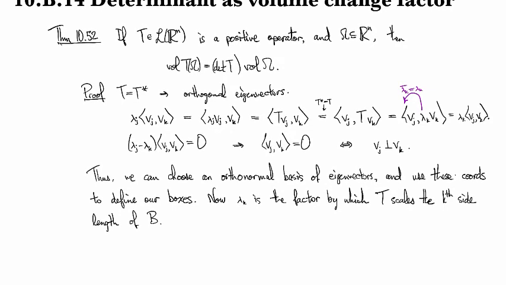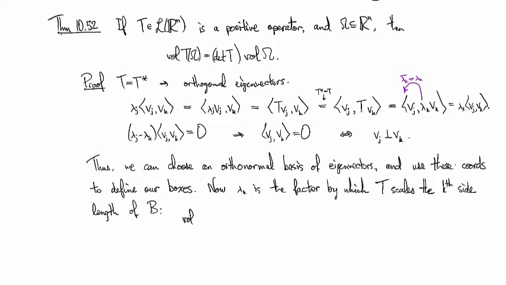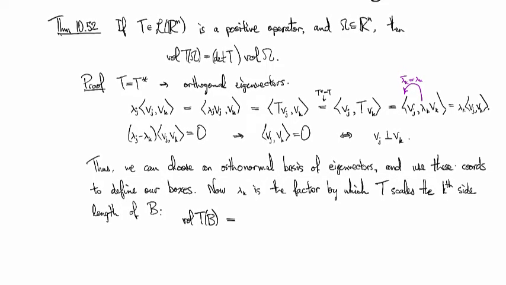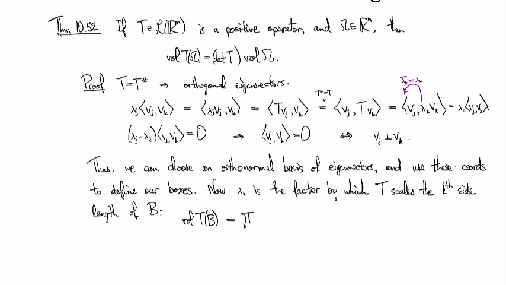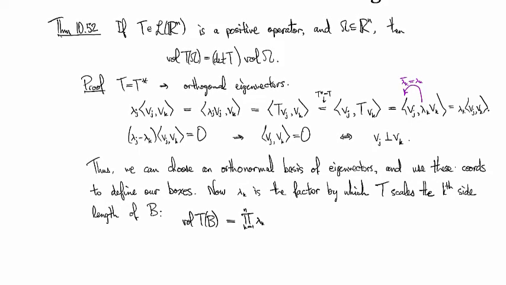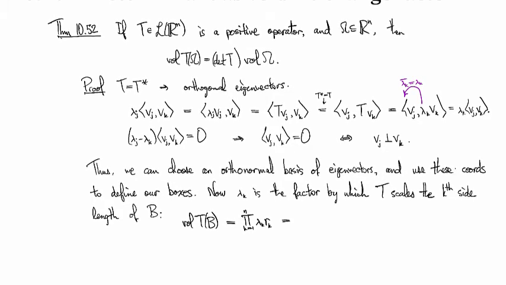Right? And so what we see is that the volume of T times a box is the product, k equals 1 to n, and now lambda k scales r_k. So we have this, but the product can be written in whatever order we like.